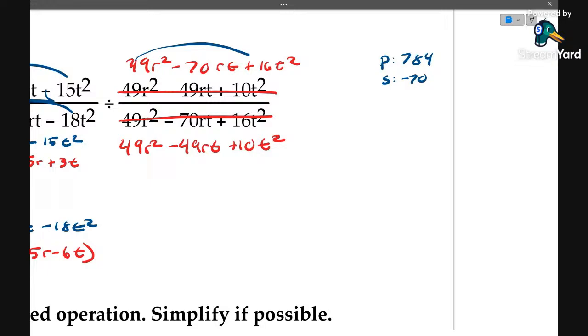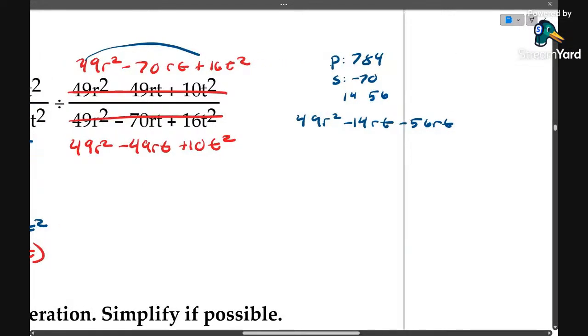So 784 and 70, that's going to be 14 and 56. So we can split 49r squared minus 14RT minus 56RT plus 16T squared.